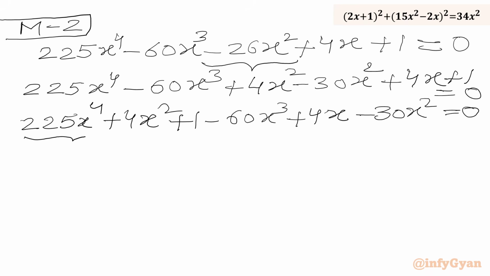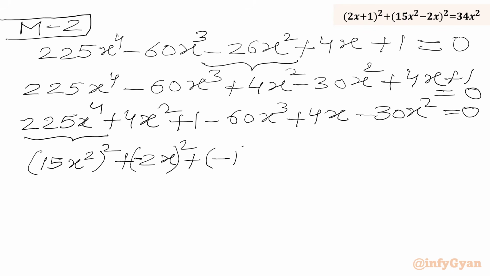Now 225x power 4. We'll be writing here 15x square whole square. 4x square is 2x whole square, which will be writing minus 2x whole square. Then we have plus 1, which we can write minus 1 whole square.